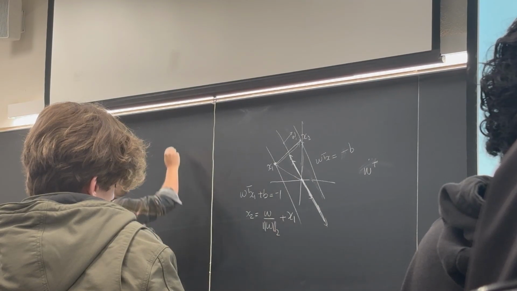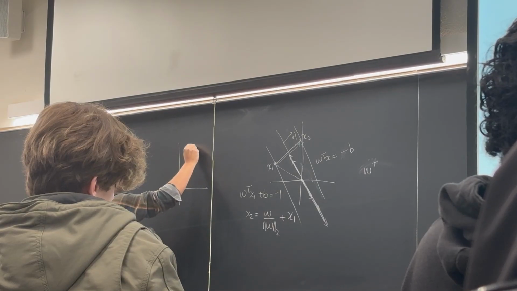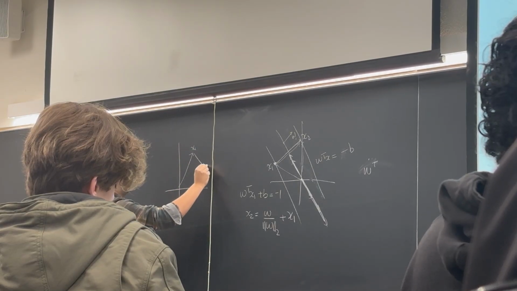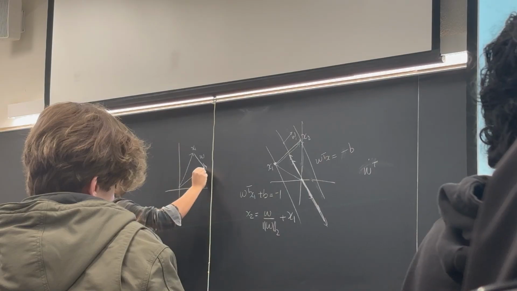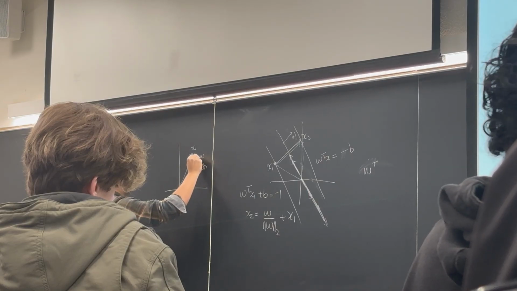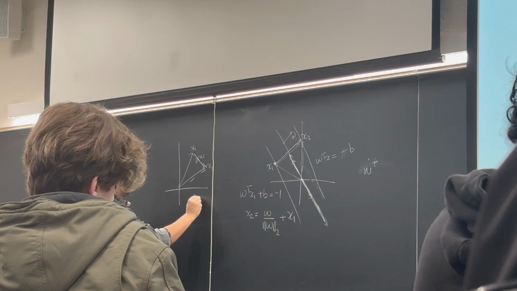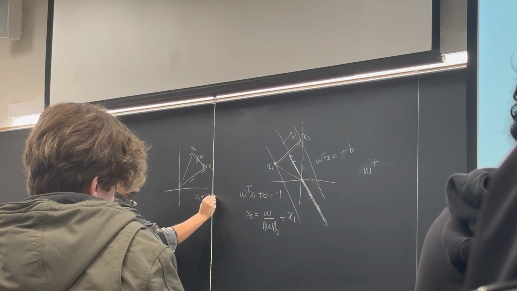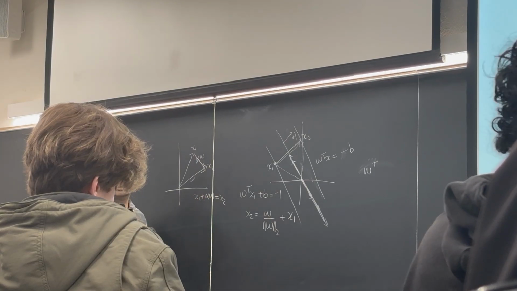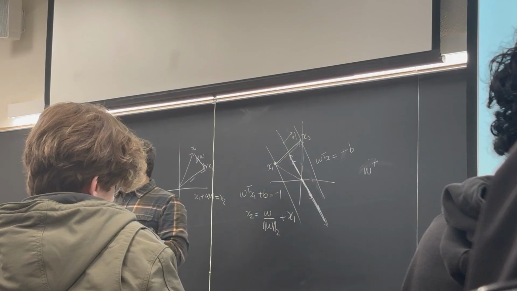Right, so if this is my x1, I go in this direction here with some W, then I get some alpha times W, I get this vector x2, so that means x1 plus alpha times W is equal to x2, right? That's how you add vectors.